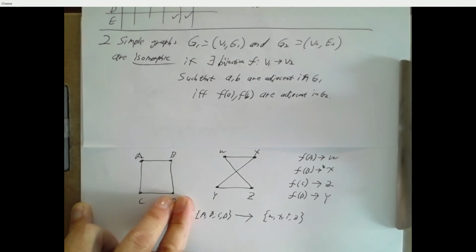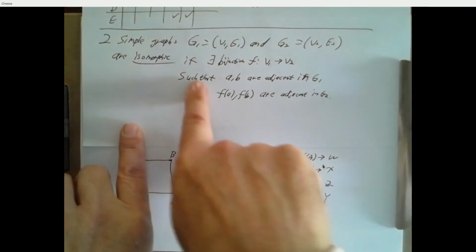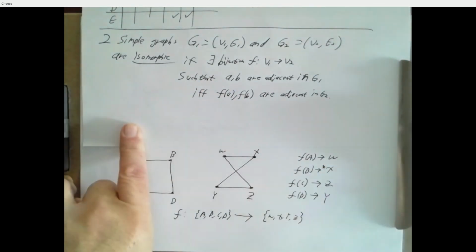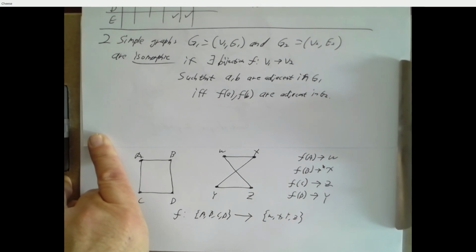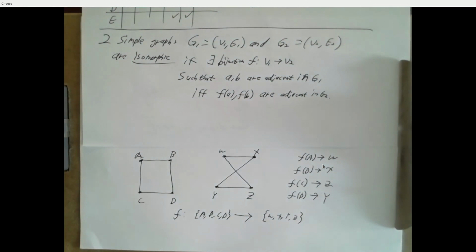We could take each of those possible mappings and see if any of them satisfy this. If they do, they're isomorphic. If none of them satisfy it, then they're not. But that's n factorial for n vertices. That's not feasible in general. So we'll look at some ways to show that things are not isomorphic, and we'll talk a little bit more about isomorphism.